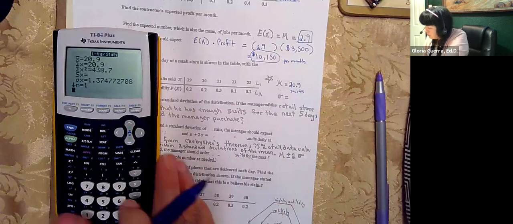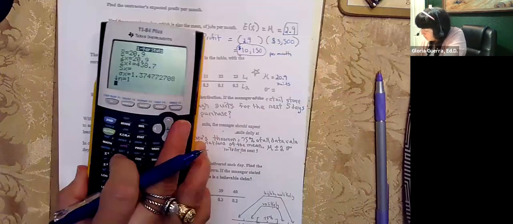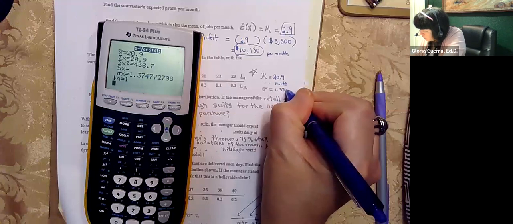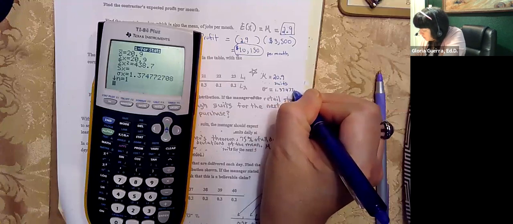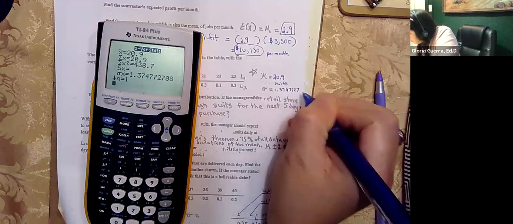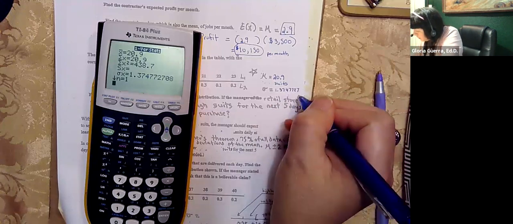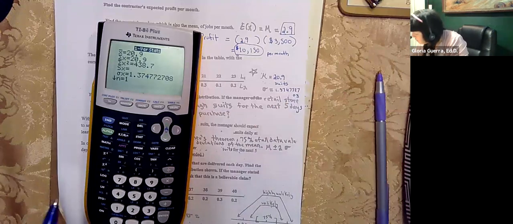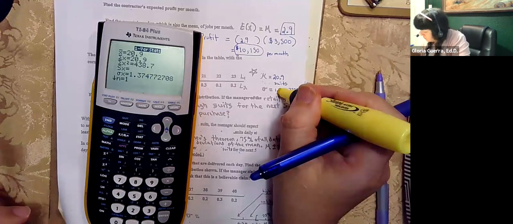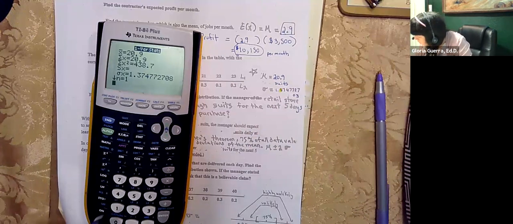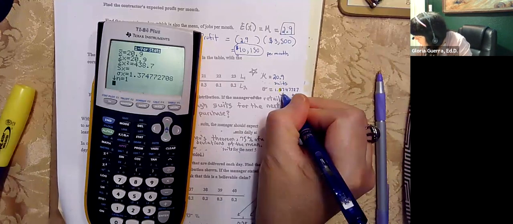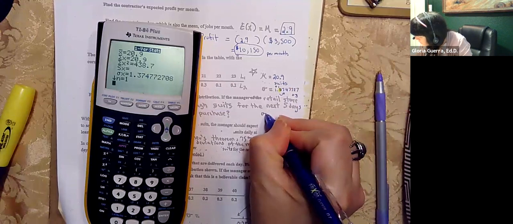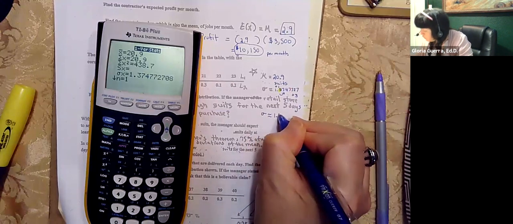The standard deviation is 1.374772. We're going to round it to the nearest tenths and look at the neighbor. Is that neighbor 5 or more? Yep, so we add 1 to it. So sigma is about 1.4.